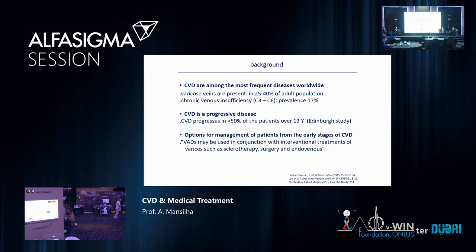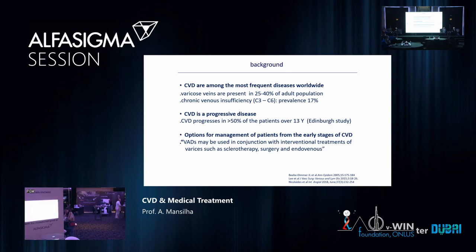As background, I'd like to emphasize that chronic venous disease, as we know, are among the most frequent diseases worldwide, with varicose veins present in 25 to 40% of adult populations, and chronic venous insufficiency C3 to C6 with a prevalence of around 17% according to different epidemiological studies.